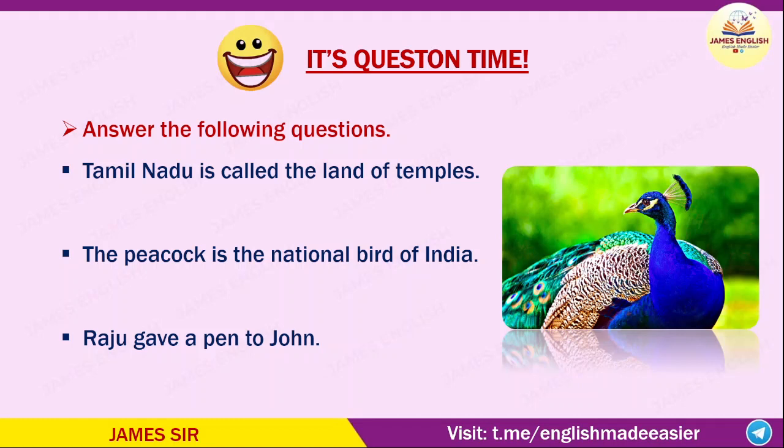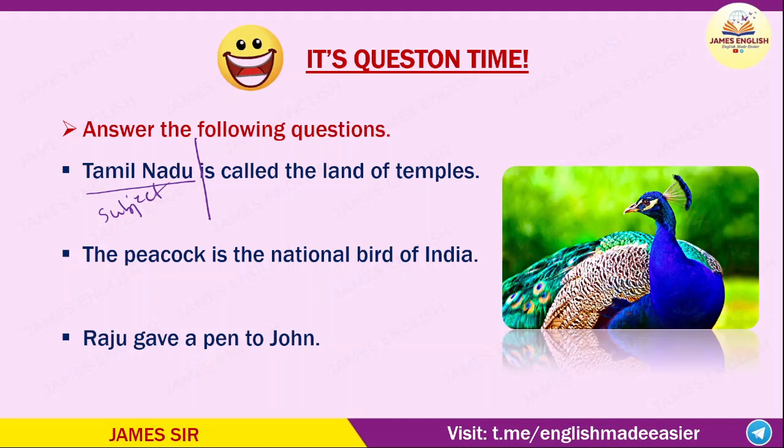Tamil Nadu is called the land of temples. What is the subject in this particular example? Very good. Tamil Nadu is the subject. How can you say that Tamil Nadu is the subject? Very good. We are referring to Tamil Nadu. We are describing or talking about Tamil Nadu in this example.